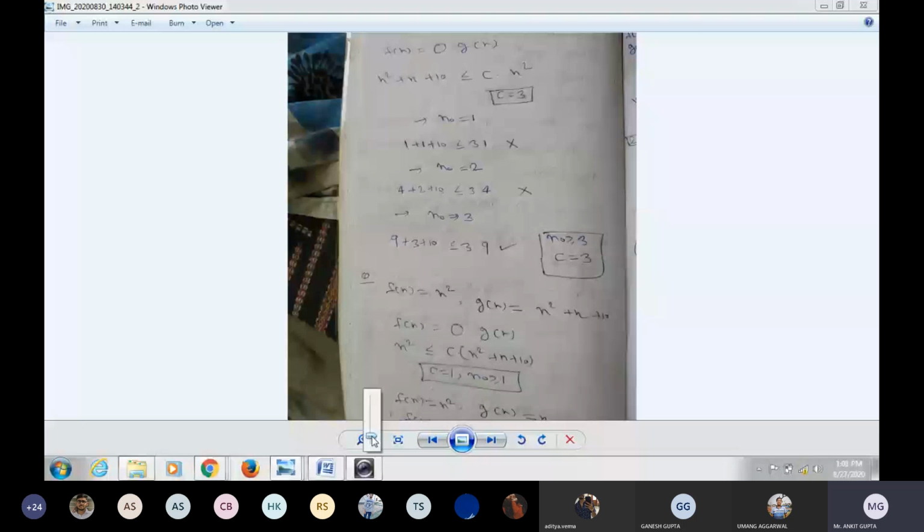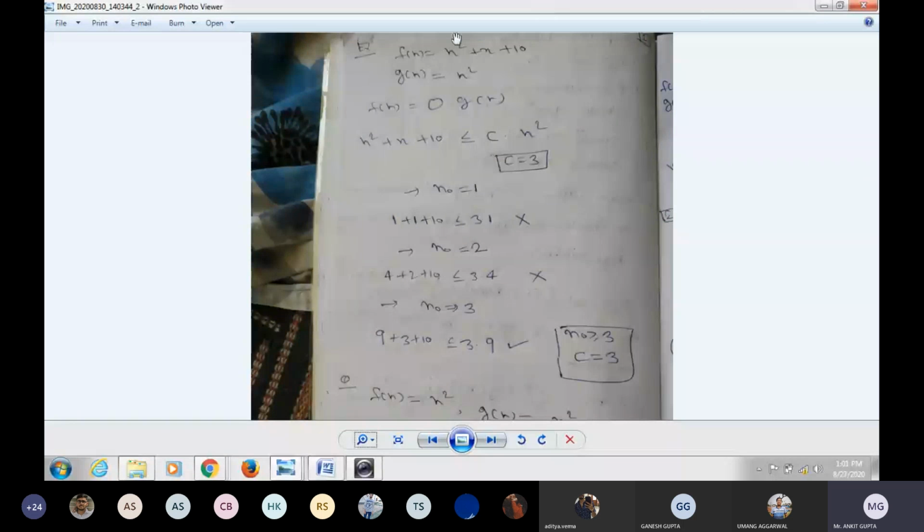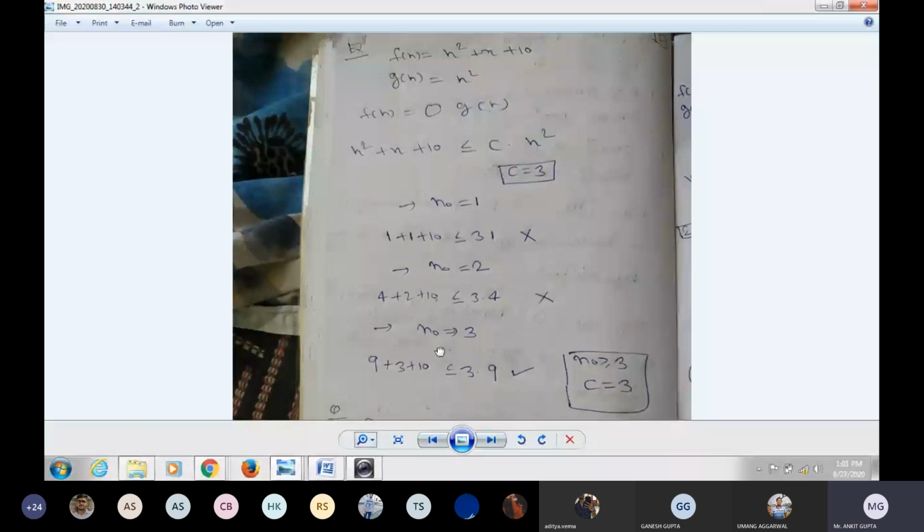Suppose Fn is n square plus n plus 10, can you see that it is visible? Yes sir. Okay. Suppose Fn is n square plus n plus 10 and Gn is equal to n square. So Fn is order of Gn.